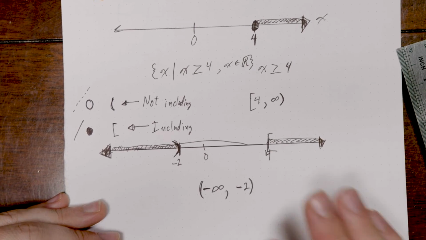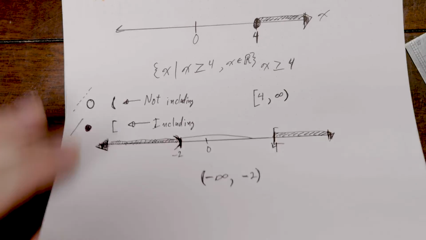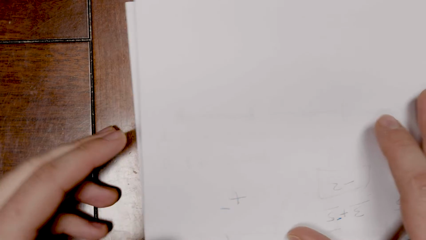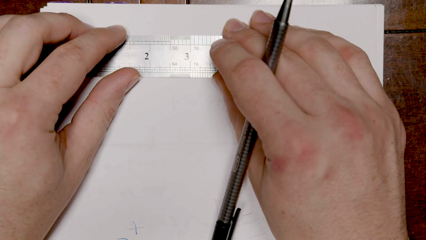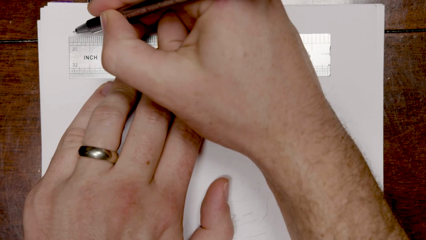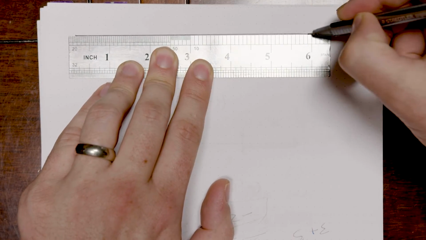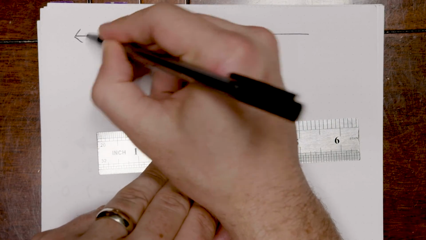Then you have to add a symbol. I'm going to do this on a fresh page with a fresh example. It's hard because what I'm looking at is upside down, and so I have to use my brain. I'm going to draw this number line in black, but then I'm going to do some different colors for my interval.